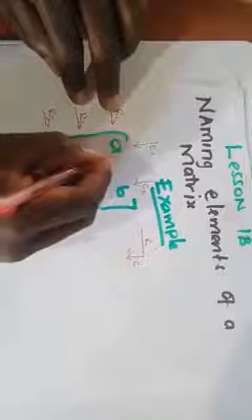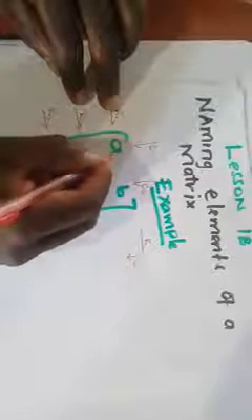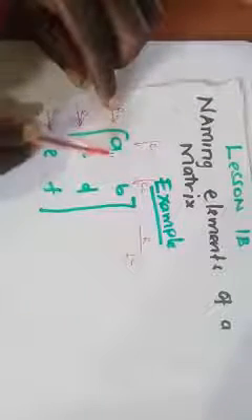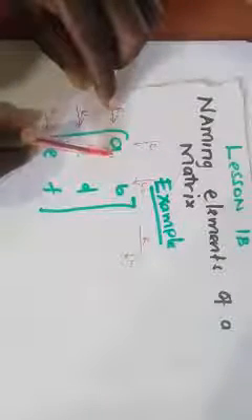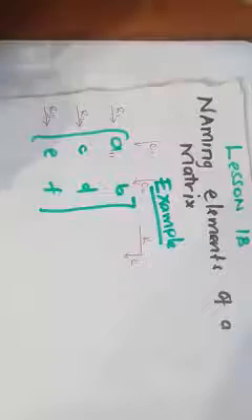Remember, we said that it is R followed by C. So element A is in position row 1 and column 1. Remember, we write that as a subscript.